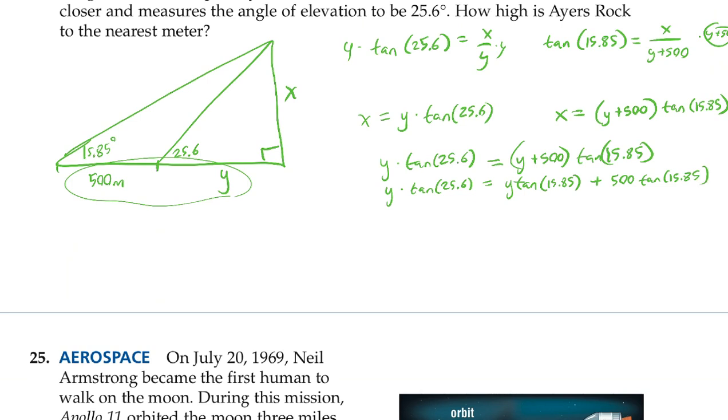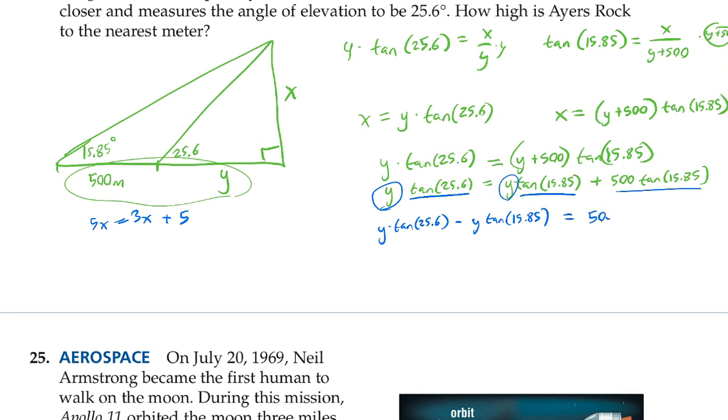So really what's going on here, if I were to write this in something different, this is like saying I have 5x equals 3x plus 5. So I have y times a number plus a number. So I need to get all the variables to one side. So subtracting, I get y times tangent of 25.6 minus y tangent of 15.85, so all the y's are on the left now, is equal to just a number on the right.